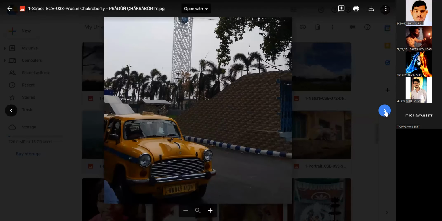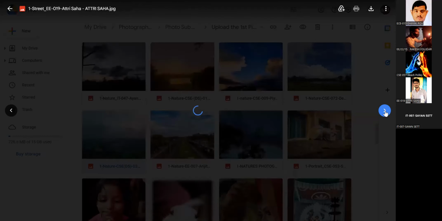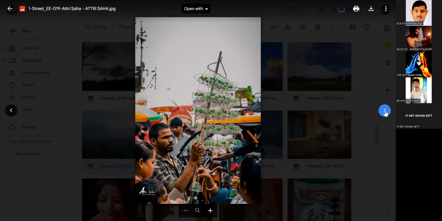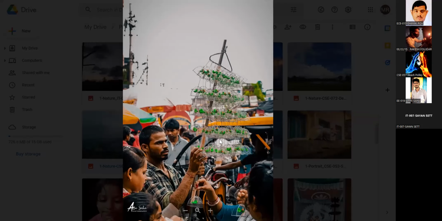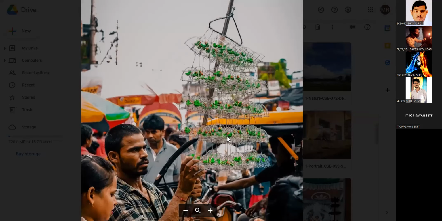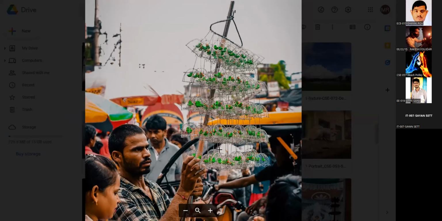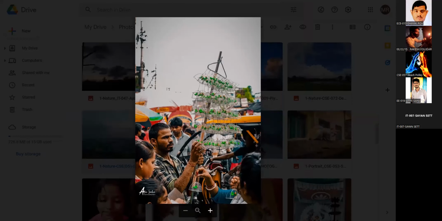I have nothing to say about this picture, nothing that grabs attention. Yes, I was a little interested to look at this picture. Here I will say only one thing: be aware of the aspect ratio. Most of the time I can see that students are not placing the object in the proper place, and that's why they have a lot of area in their images, but most of the areas are not interesting at all.